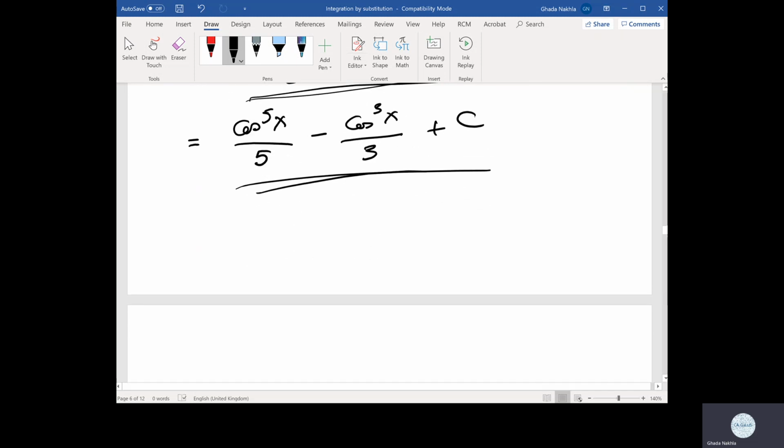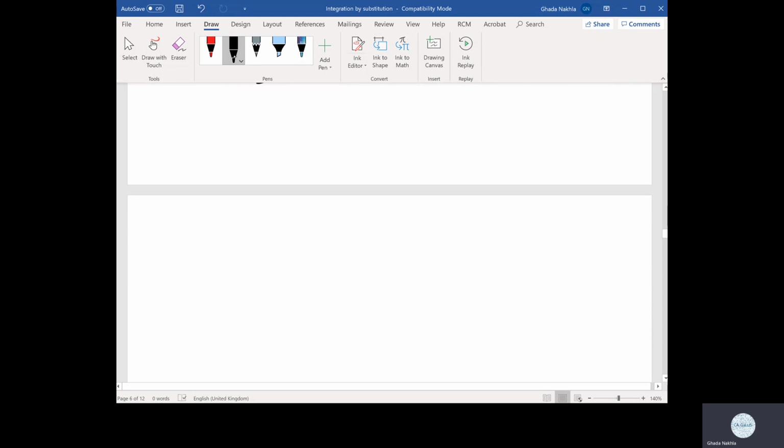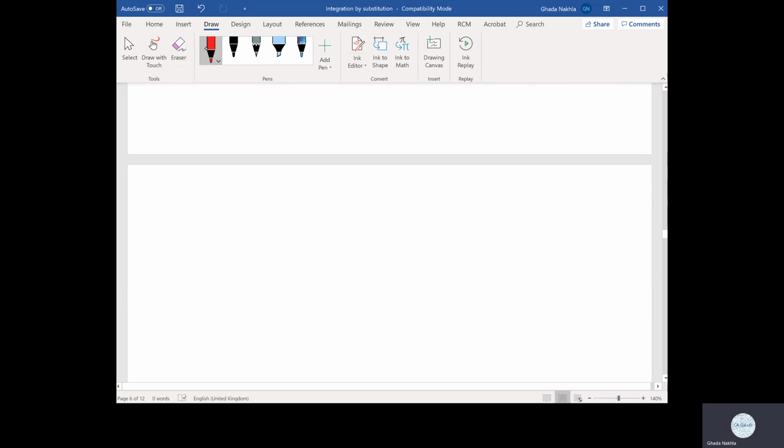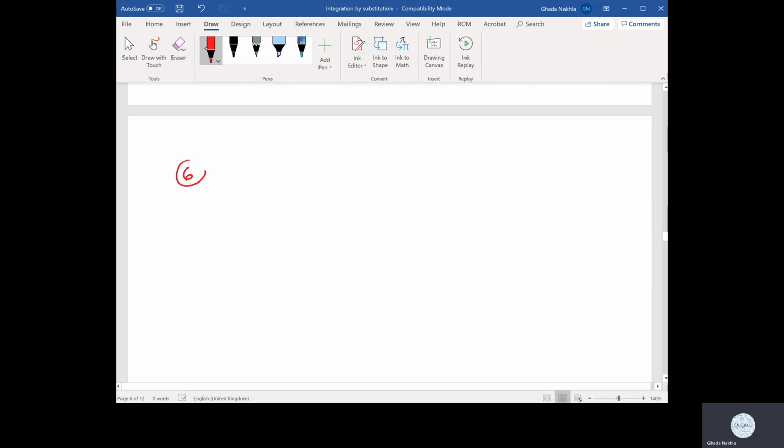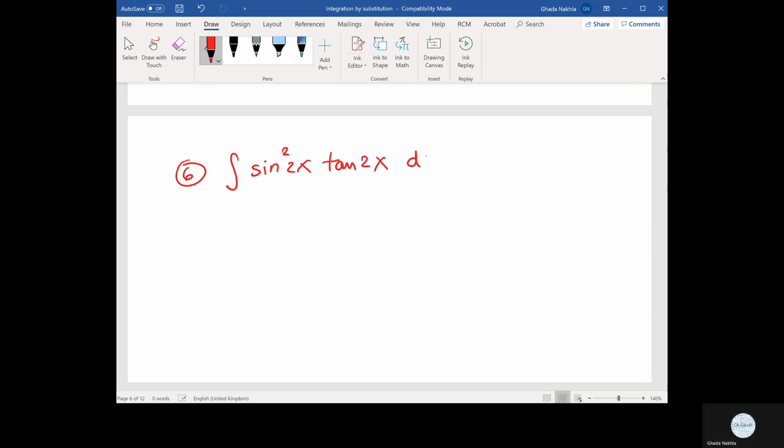So that's question 5. Let's take a look at question 6. I'm integrating sine squared 2x, tan 2x, dx.